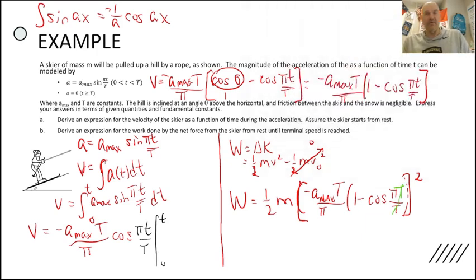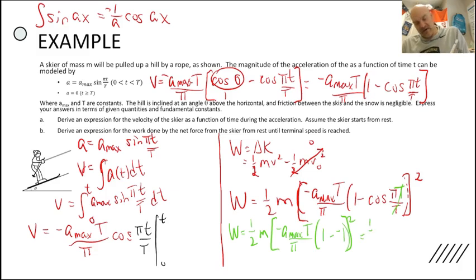and you'll see that we end up with 1 minus cosine pi. So we have 1/2 m negative a max T over pi times 1 minus cosine pi. Well, cosine pi is negative 1. So we end up with 1 minus negative 1 there. And I square everything there. So you end up with 1/2 mass times negative a max squared times capital T squared times 4 over pi squared.